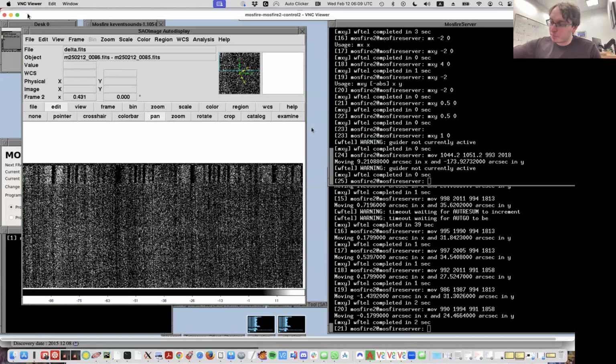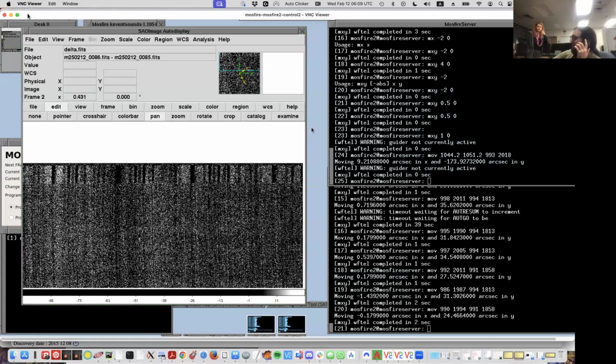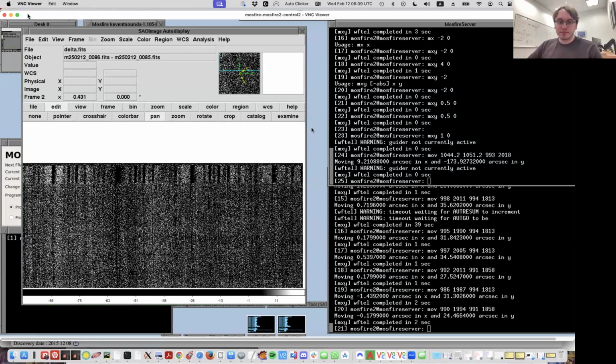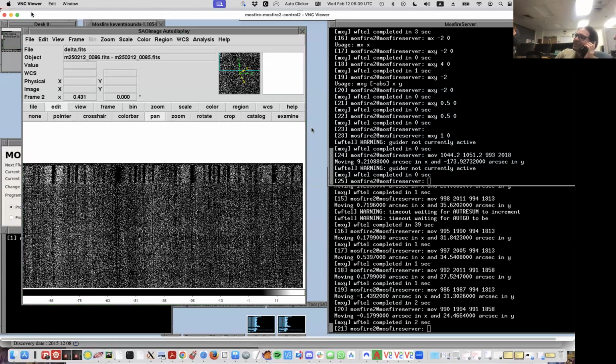Okay. And because these are a bit brighter, we can afford to actually do the spectroscopy on them. We're about halfway through our H-band sequence, and then we're going to move to K-band and then on to our next target.